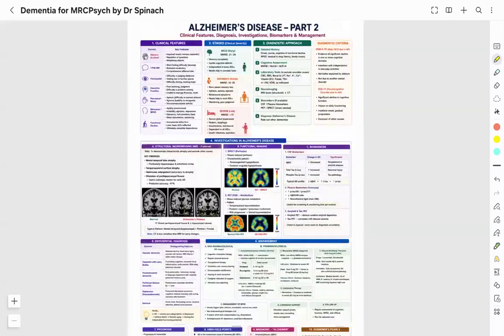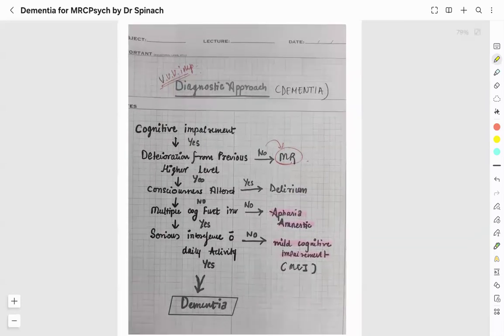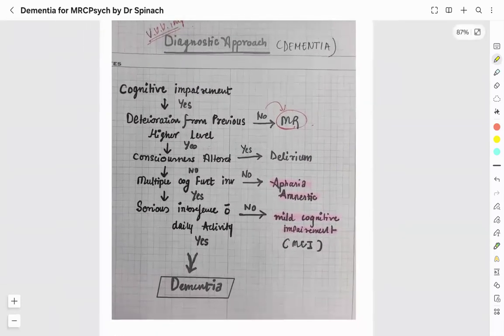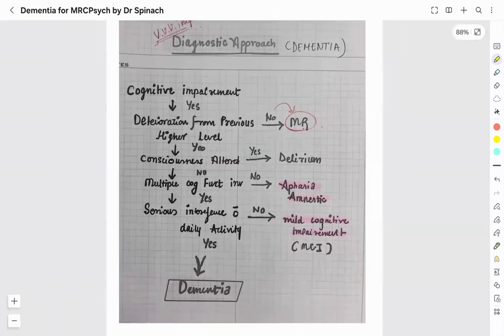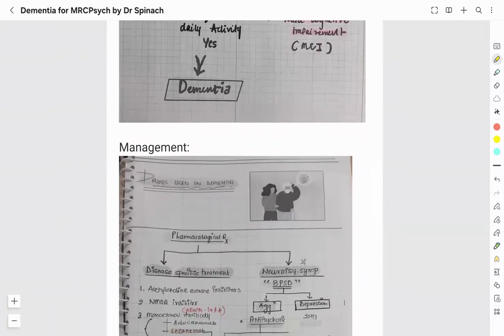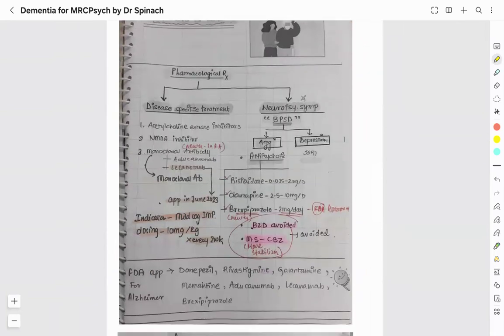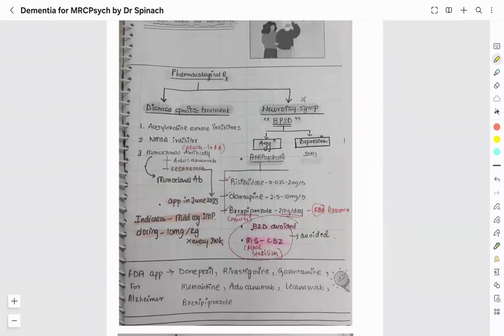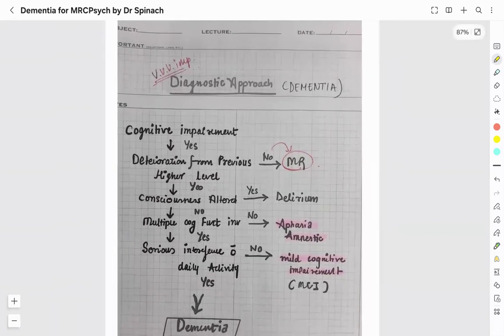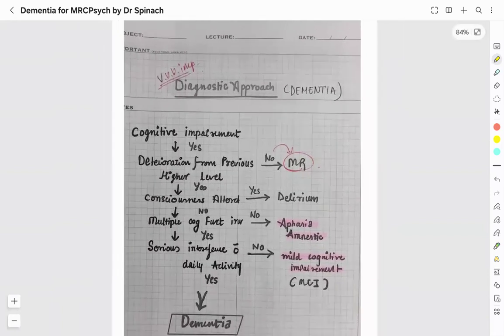How to do the diagnosis is something you can read through, and maybe we can look into it later. We can look into some of the disorders first, like Alzheimer's and frontotemporal dementia, and then go on to the treatment part.